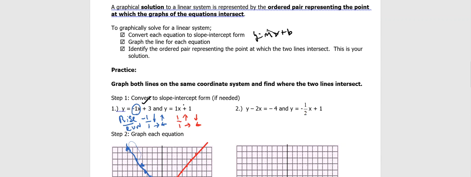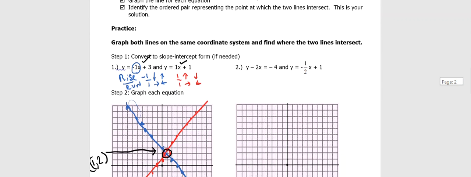Now let's substitute into the second one. 1 times the 1 from my x coordinate is still 1, plus 1 equals 2, which is the y coordinate for my ordered pair. So it makes both equations true. So that is a great way of always verifying that your answer is correct, because all you have to do is spend the quick couple of seconds substituting in and checking that the ordered pair that you came up with makes both equations true.